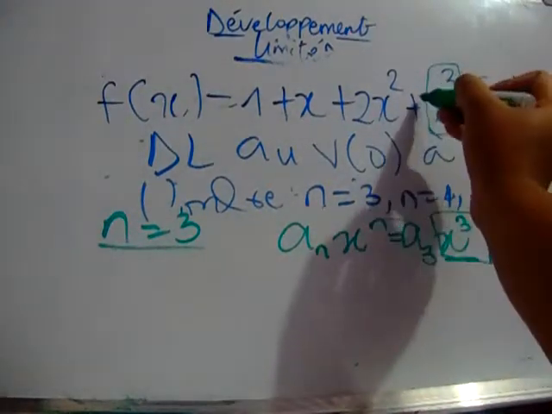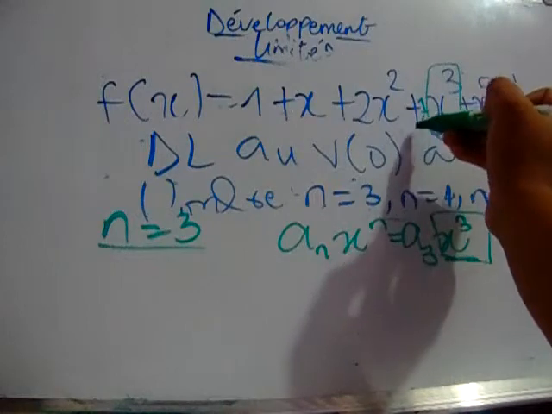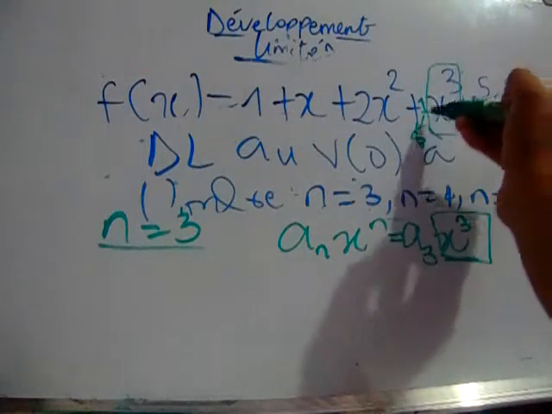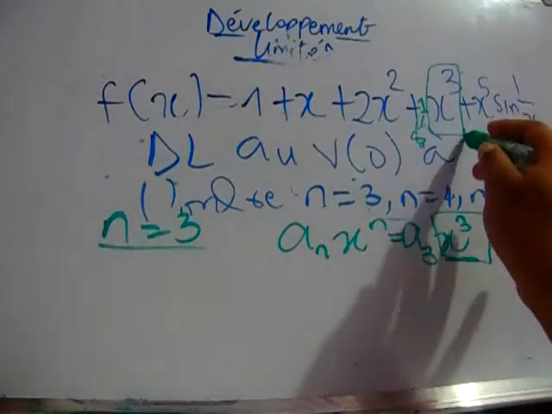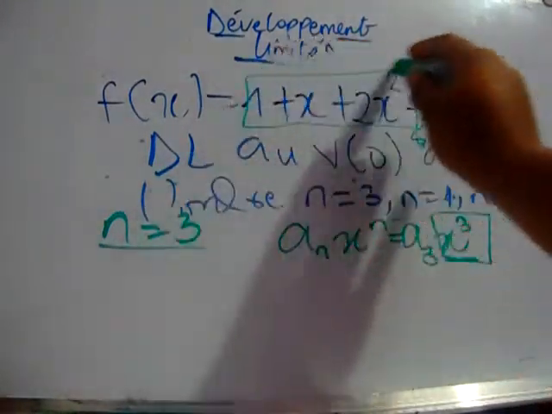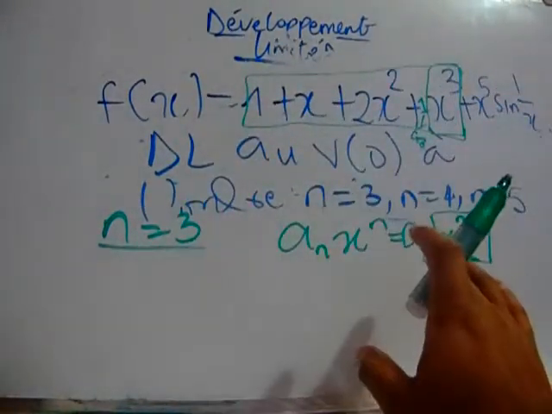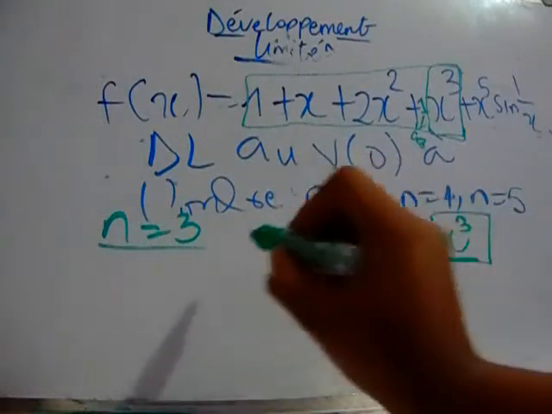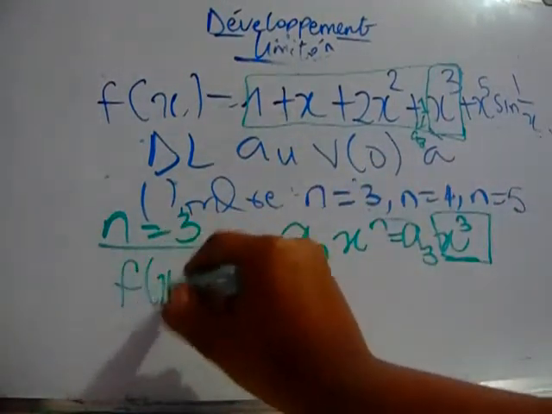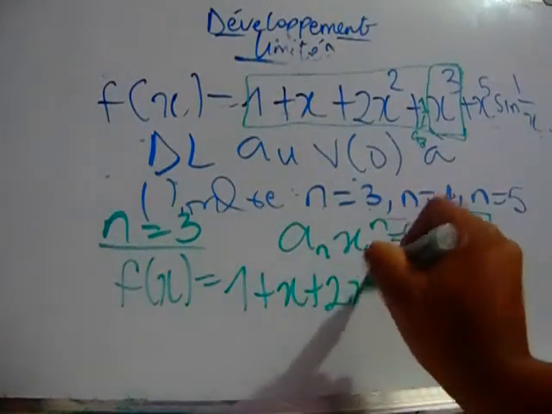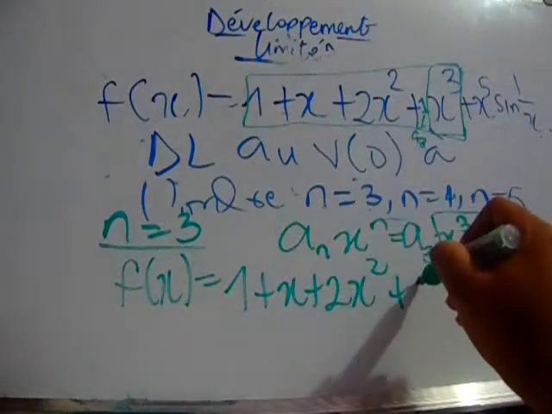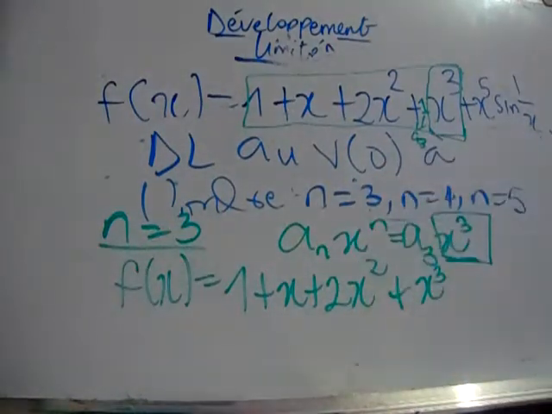And so that means our a3 is 1. So that means we are taking everything from here to be our polynomial part, just like we did in our previous video. So our f of x will be equal to 1 plus x plus 2x squared plus x raised to the power of 3.